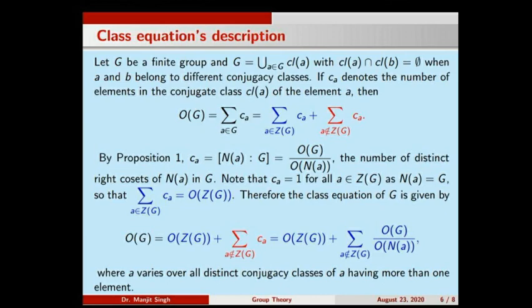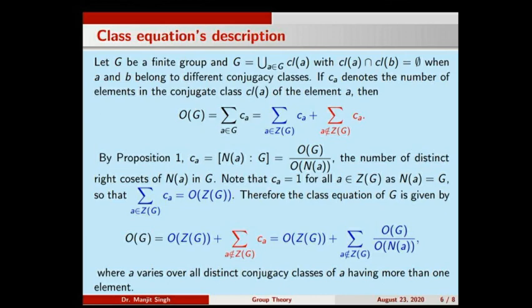So you can see here the order of G can be written as a summation of the number of elements of class of A, because these are disjoint classes: the summation over A belonging to G of c_A. c_A denotes the number of elements in the conjugate class of A.